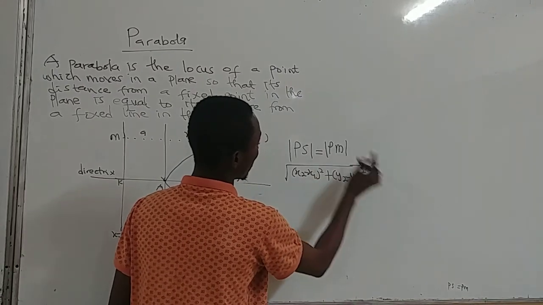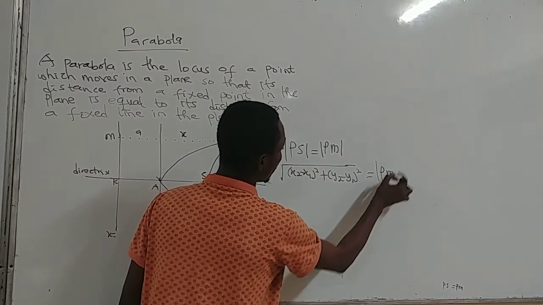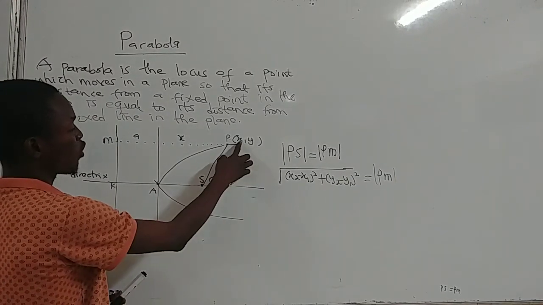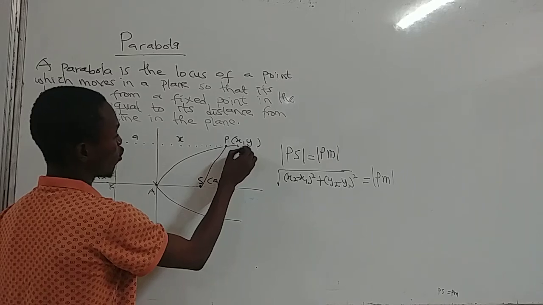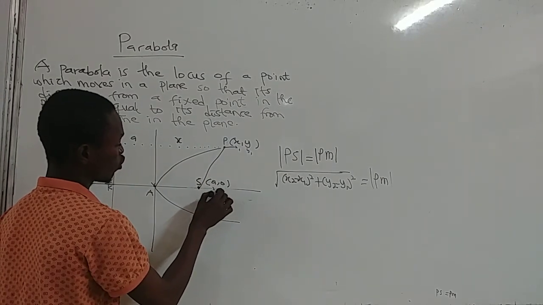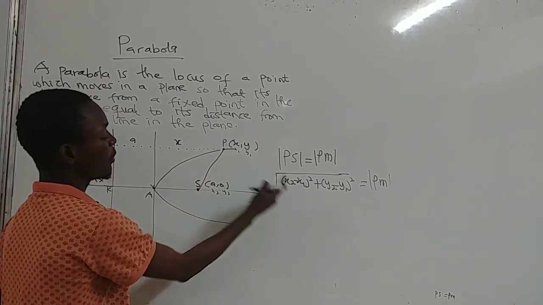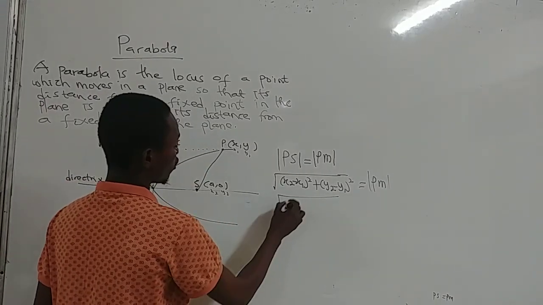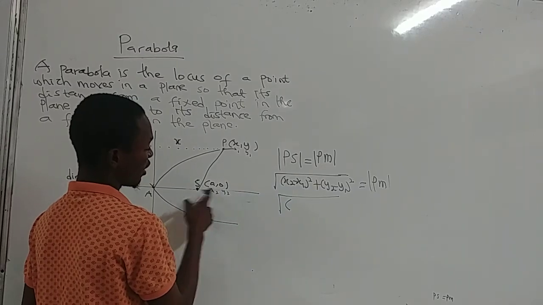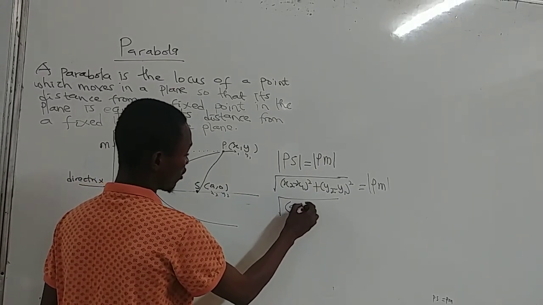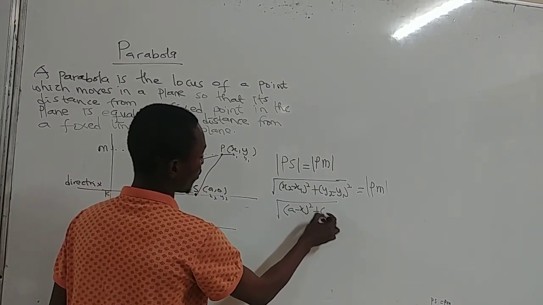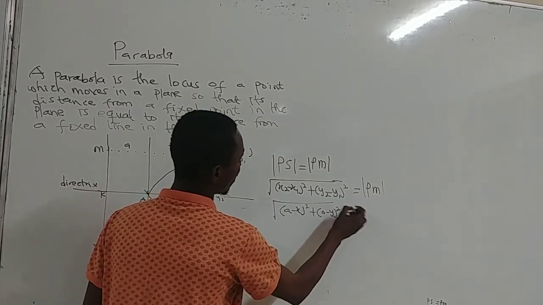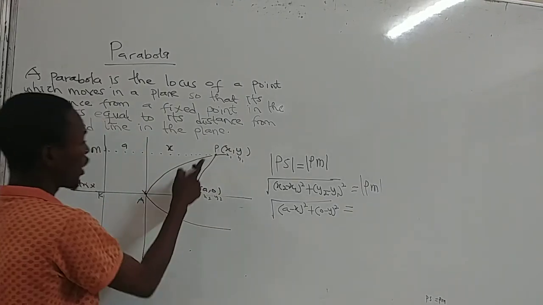Substituting, we have the square root of ((a minus x) squared plus (0 minus y) squared), which is equal to the distance from P to M.